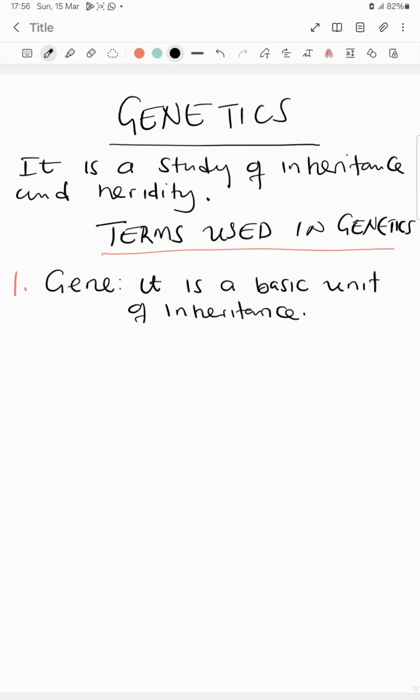What we mean by basic is that it is very important. You cannot do away without a gene. So when you talk about a gene, these are found in a chromosome, which will be the next term found in genetics. So genes are found in a chromosome.